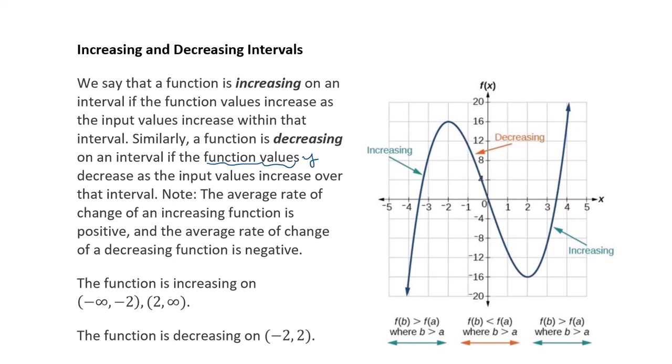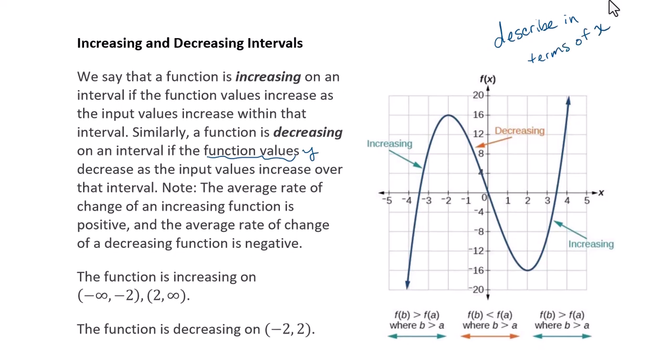The average rate of change of an increasing function is positive, and the average rate of change of a decreasing function will be negative. Here, you can see we're always going to describe these intervals in terms of x.